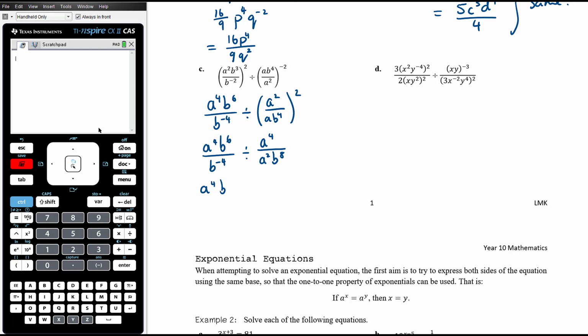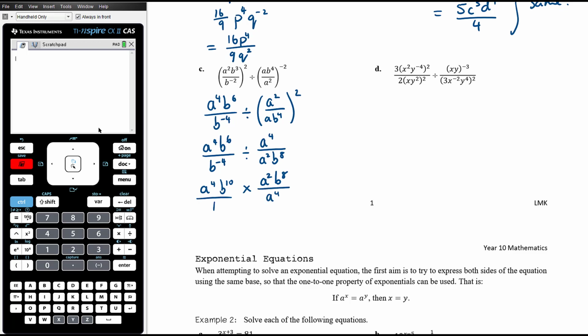Okay. So a to the 4, b to the 6, well, let's do it here. A to the 4, so we've got b to the 6 divided by b to the negative 4. So 6 minus negative 4, so that's actually b to the 10. And we are going to multiply that by, I'll simplify this fraction after I've flipped it, a squared b to the 8 over a to the 4.